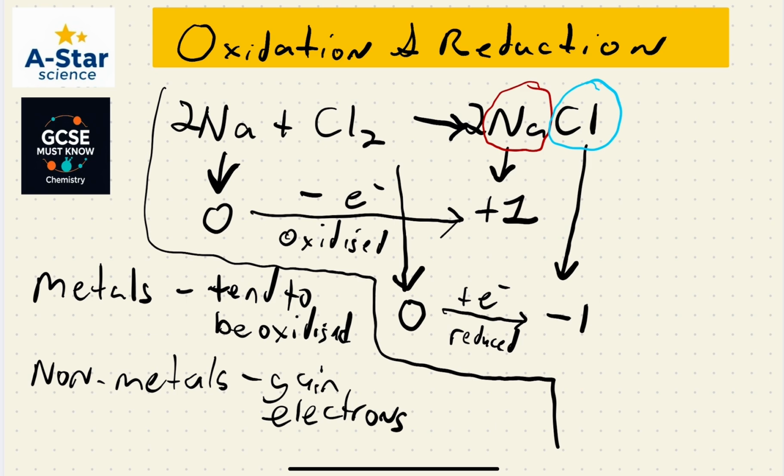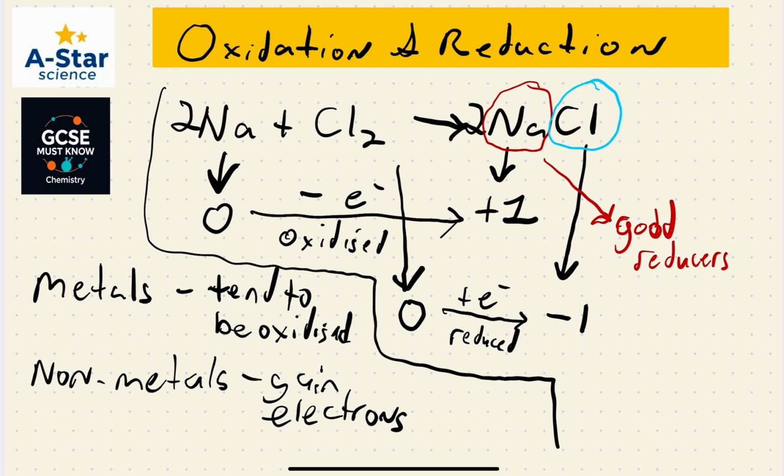You can flip this as well, and you see this a lot in A-level chemistry. Metals tend to be good reducers. So we'll call them good reducers, meaning they cause things to gain electrons.